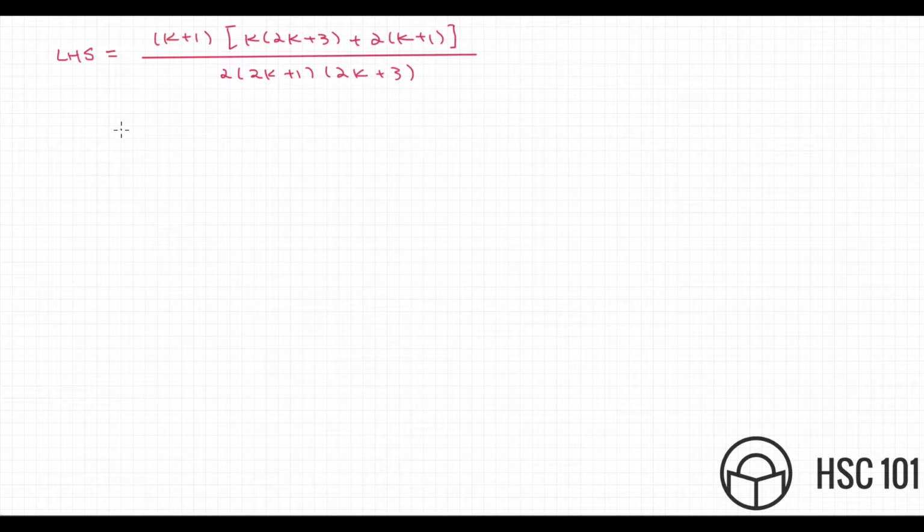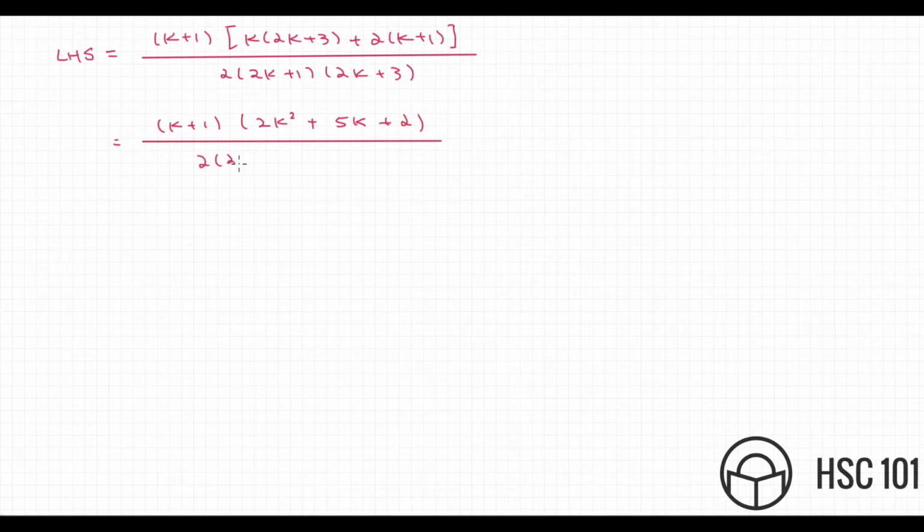And of course, if we do our expansion, what we're going to get is (k plus 1) outside of 2k squared plus k times 3, that's going to be 3k, plus 2k, that's going to be plus 5k, plus 2, all over 2 lots of (2k plus 1), lots of (2k plus 3).